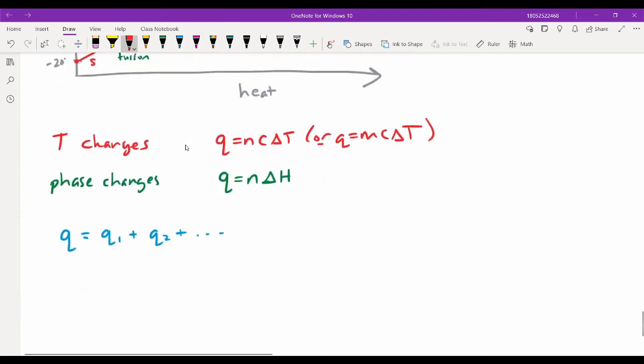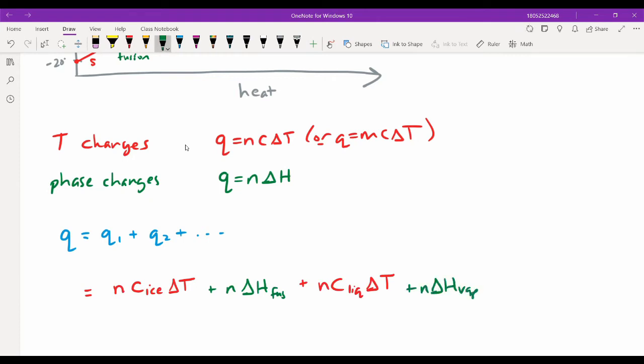So step 1 will be N times the C of ice delta T. And then step 2 will be N delta H fusion. Step 3 will be N, the heat capacity of liquid, delta T. Step 4 would be N delta H vaporization.